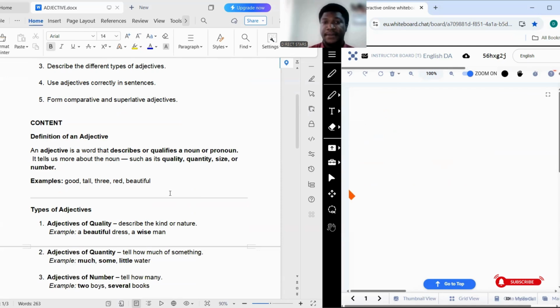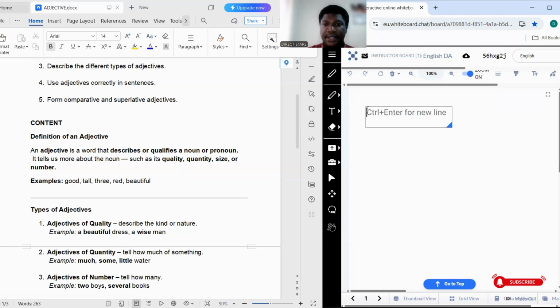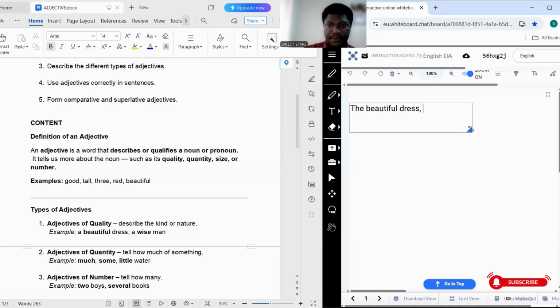Now we have different types of adjectives. The first is adjectives of quality, which describe the kind or nature of something. For example, if we say the beautiful dress, a wise man.